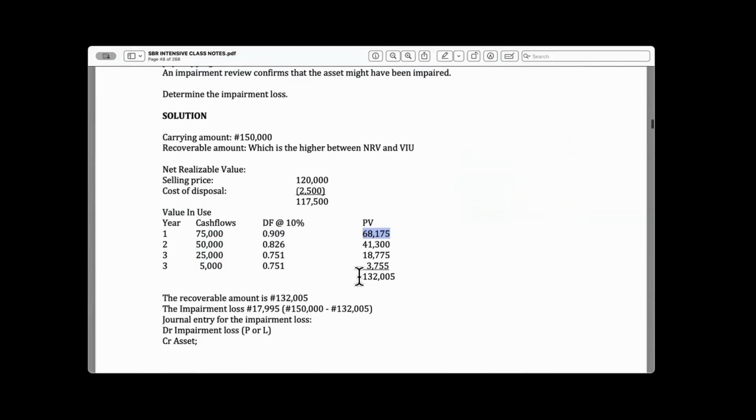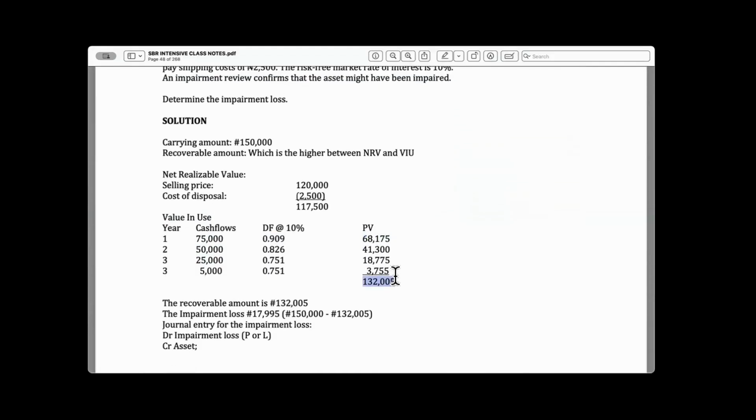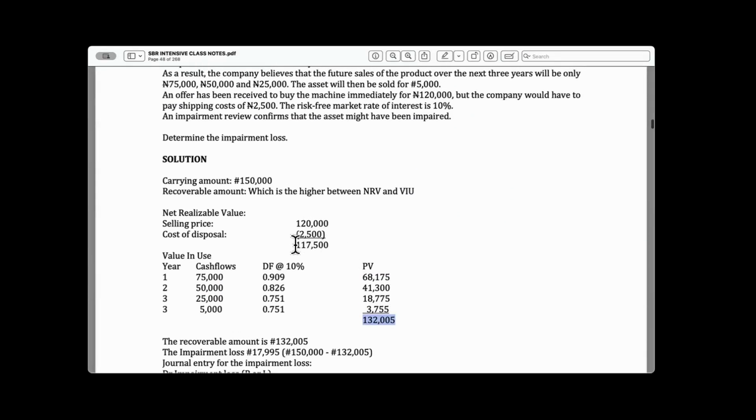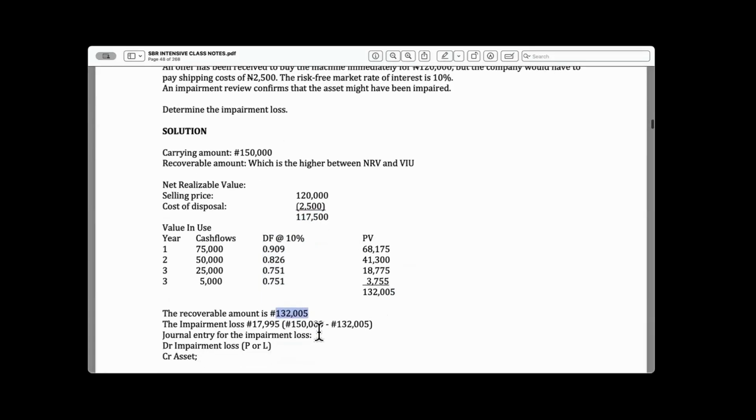When you accumulate all the present values, it gives you the value in use. We're also able to determine the net realizable value. So the higher of these two gives us the recoverable amount.